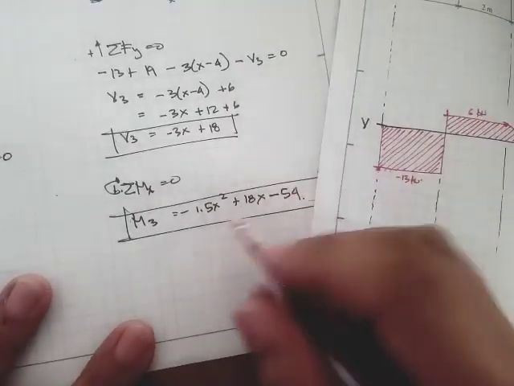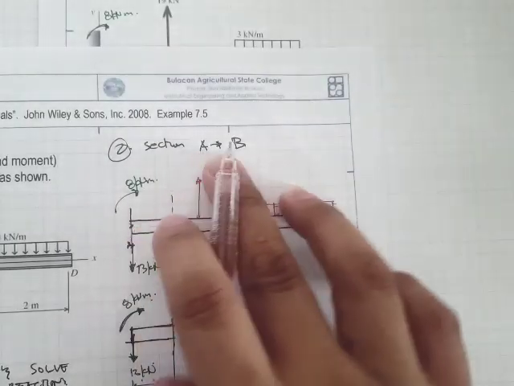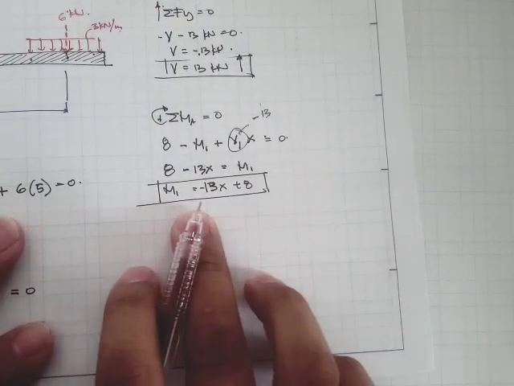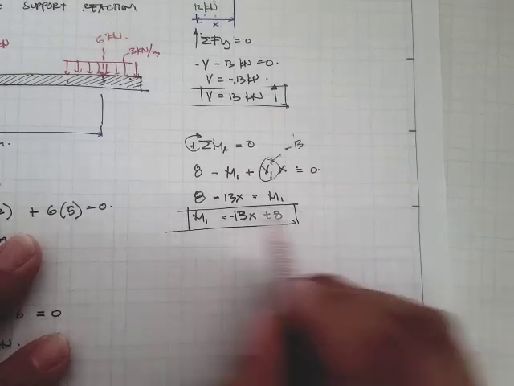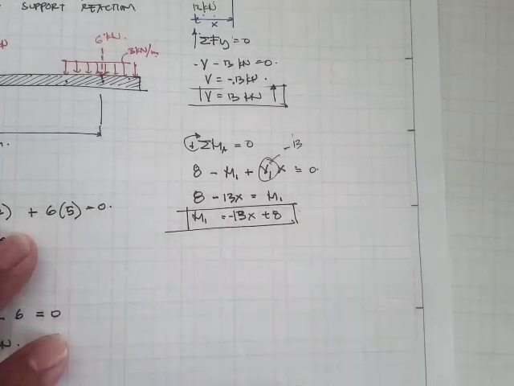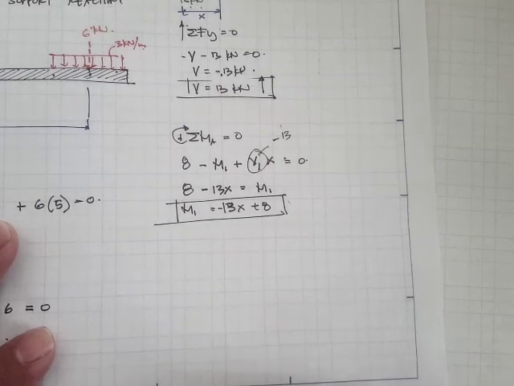And if we check right here, for section A and section B, we have a positive 8, and a linear function that's negative, meaning it's a decreasing function.